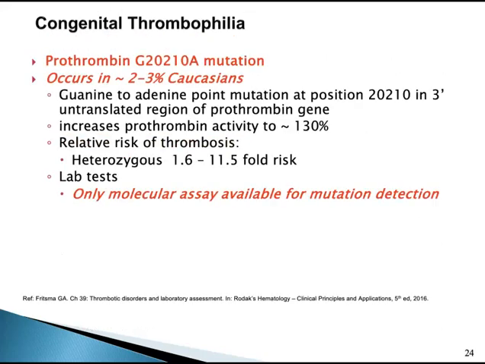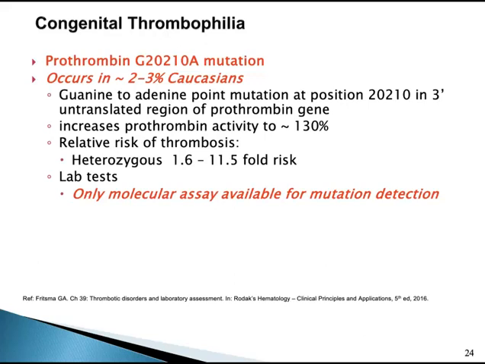Another condition is the prothrombin G20210A mutation. This type of thrombophilia condition occurs in about 2 to 3% of Caucasian individuals. There is a guanine to adenine point mutation at the position 20210 in the 3' untranslated region of the prothrombin gene.